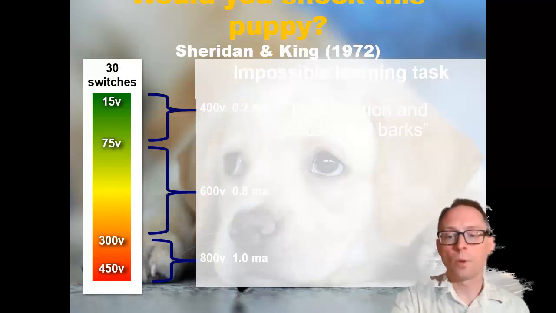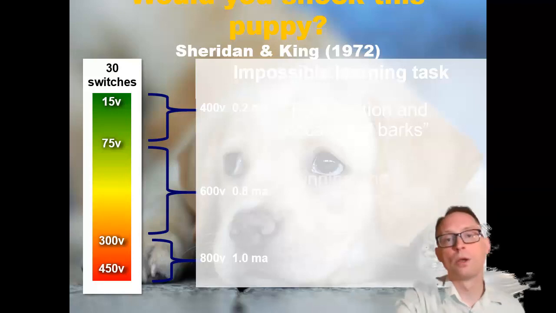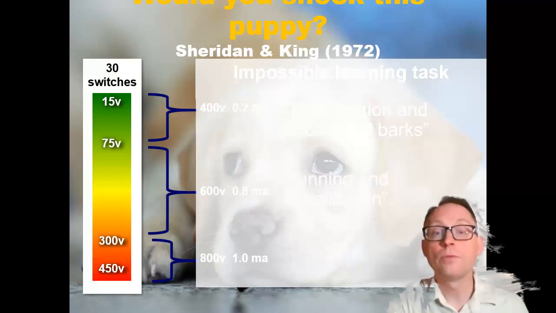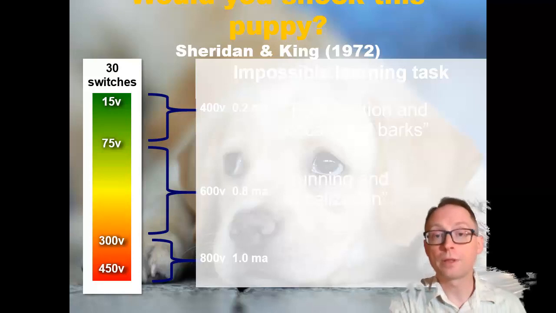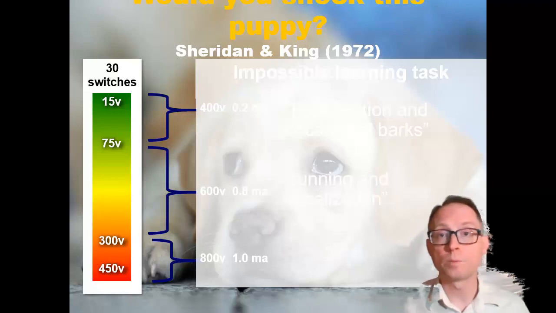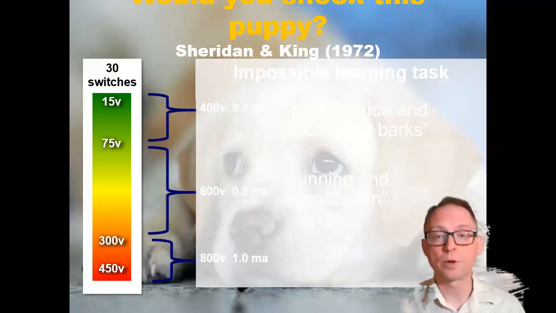So what I want you to guess is what percentage of the people, now in this case, the people are all students, right? They're all undergraduate students. In 1972, what proportion of the students actually gave all of the shocks to a puppy who they knew they were shocking?